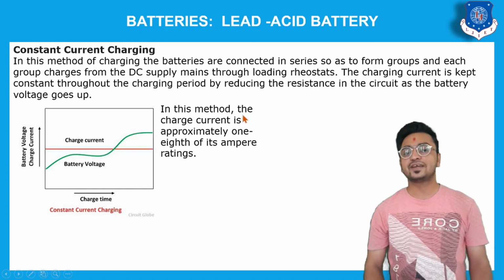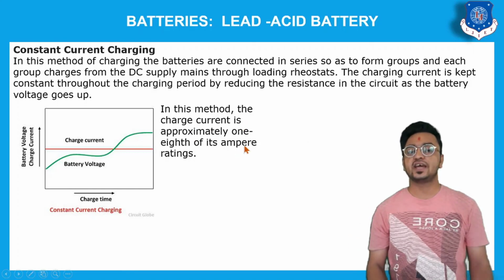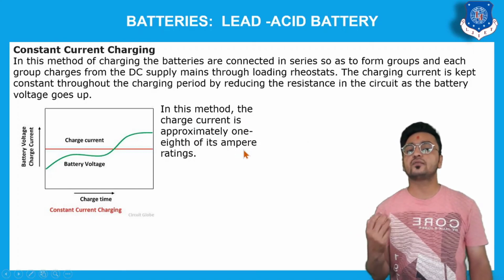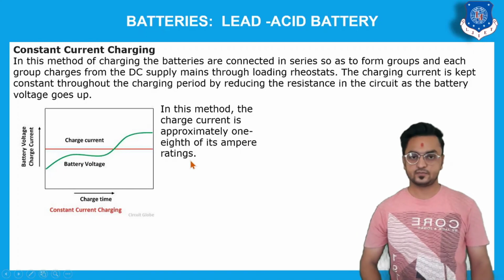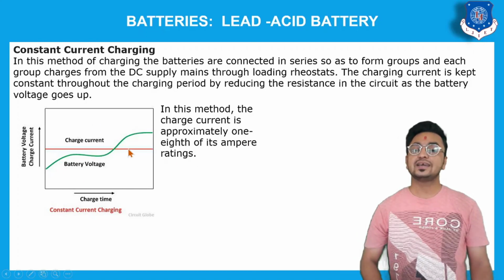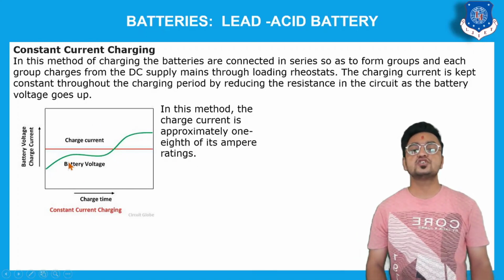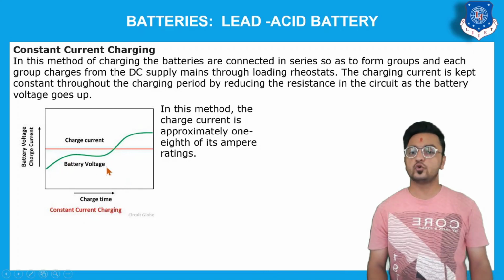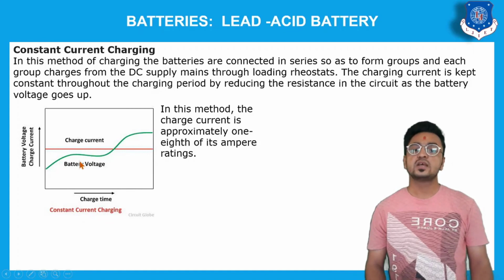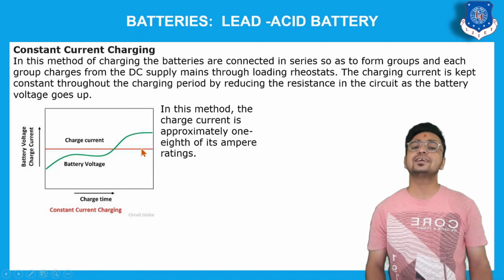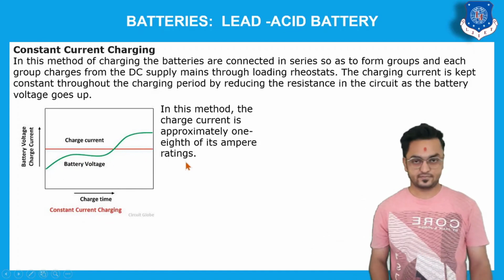And again, in this method the charge current is approximately 1/8 of its ampere rating. So here in this graph we can observe the charging current as well as the charging voltage. The charging current is almost constant over here, and the charging voltage is increasing with charging time. So this was the second method for charging a battery.